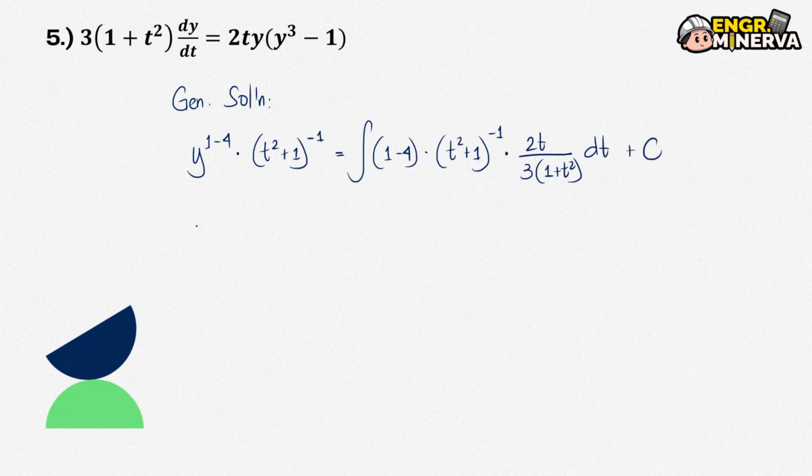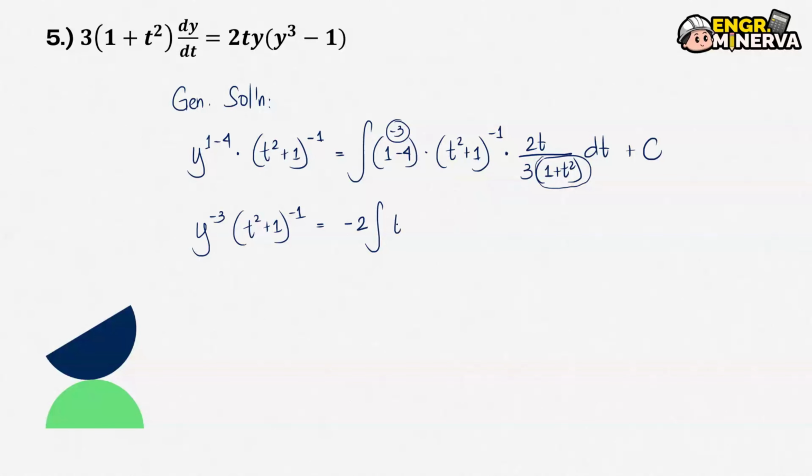So let's simplify. This would be y raised to negative 3, t squared plus 1. So this would be negative 3, multiplied by 2/3, that would be negative 2. And since this is negative 1, let's just move this into the numerator. That would be now t multiplied by t squared plus 1 raised to negative 2.